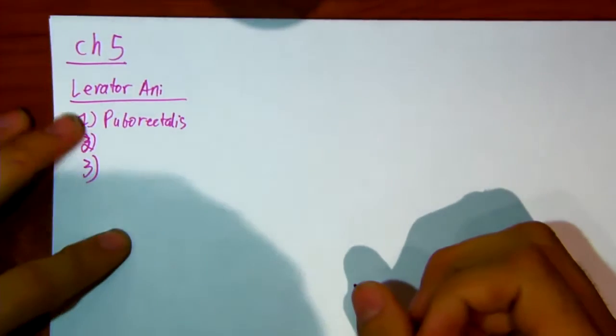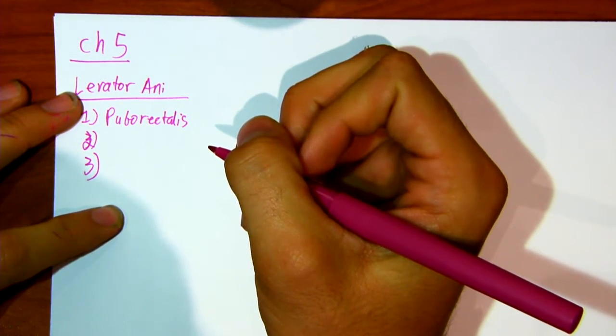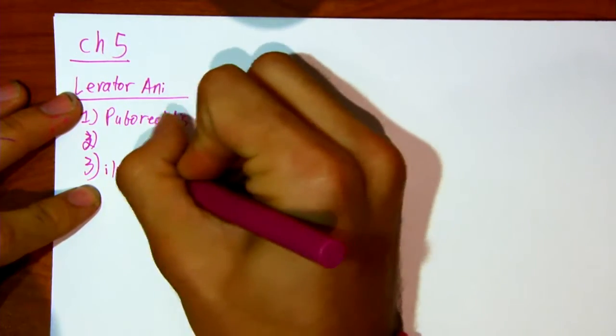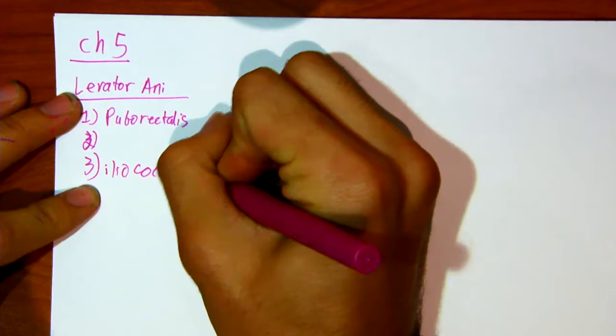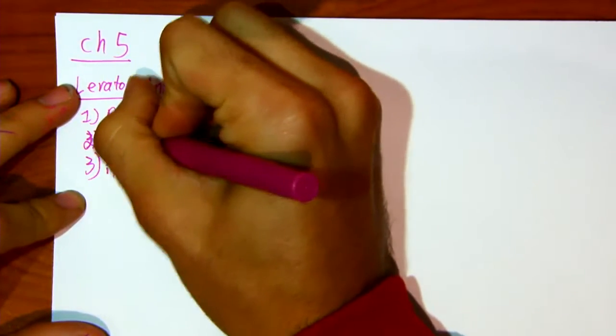I heard ischiococcygeus. Yeah, there you go. Iliococcygeus. I like how some of you guys were like, oh no, not ischiococcygeus. All right, what's another one? Yeah, pubococcygeus.